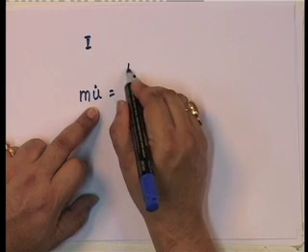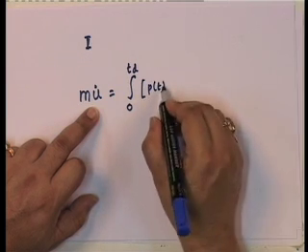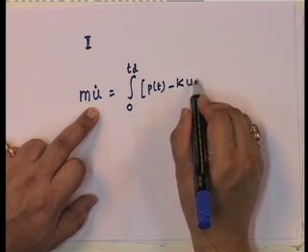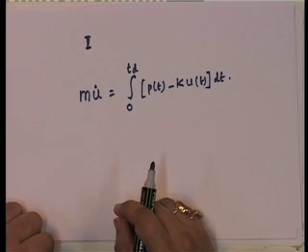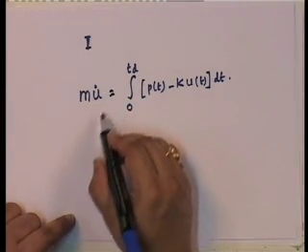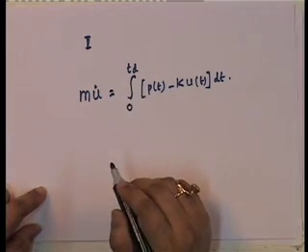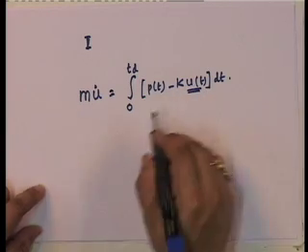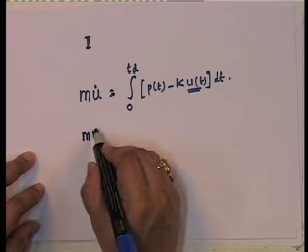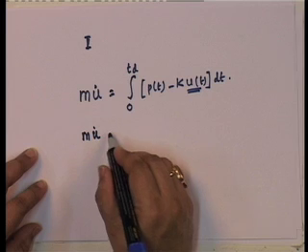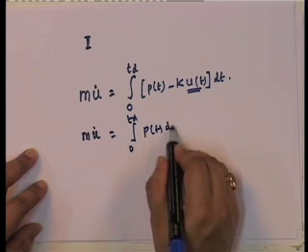the integral from 0 to Td of the net force, right. So, the net force is P(t) minus k u(t) dt. Now, if you have a very short duration load, u(t) practically is 0. So, this basically becomes m u dot is equal to the integral from 0 to Td of P(t) dt.